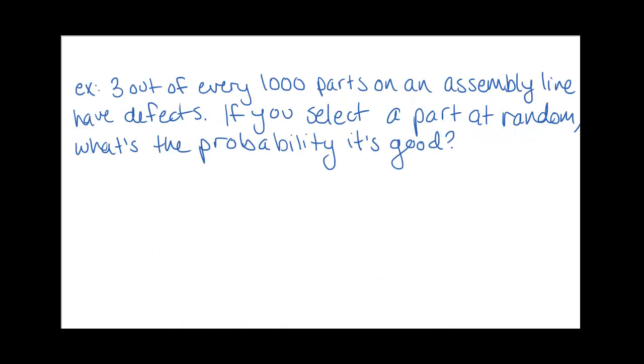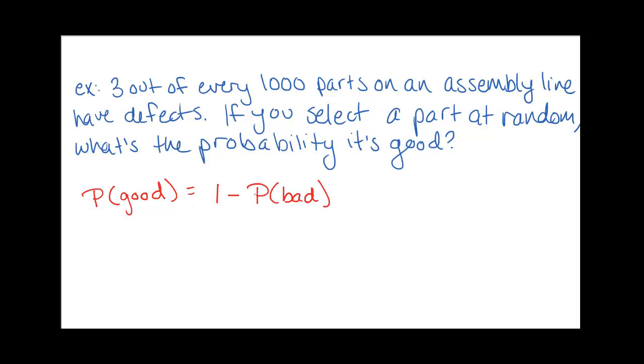Another example, 3 out of every 1,000 parts on an assembly line have defects. If you select a part at random, what's the probability that it's good? So we're looking for the probability that a part is good. And we're not given that probability, but the probability of it being good is the opposite of it being bad.